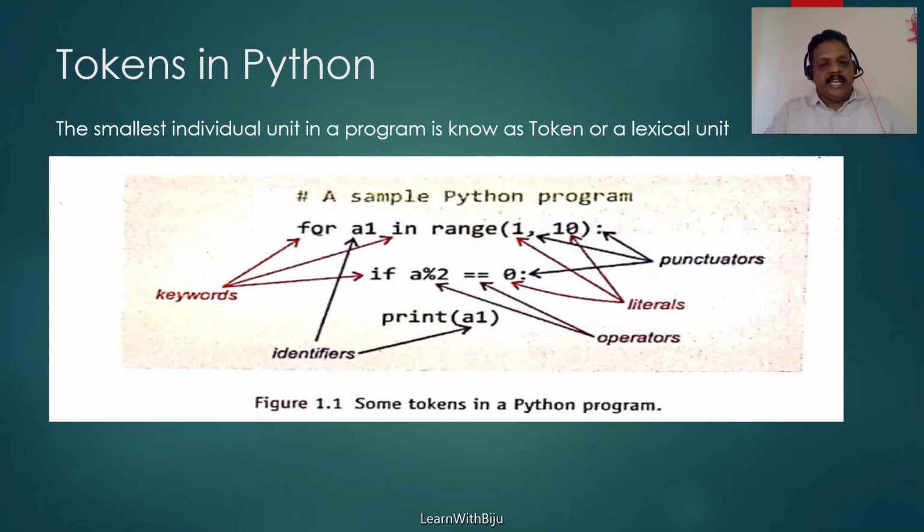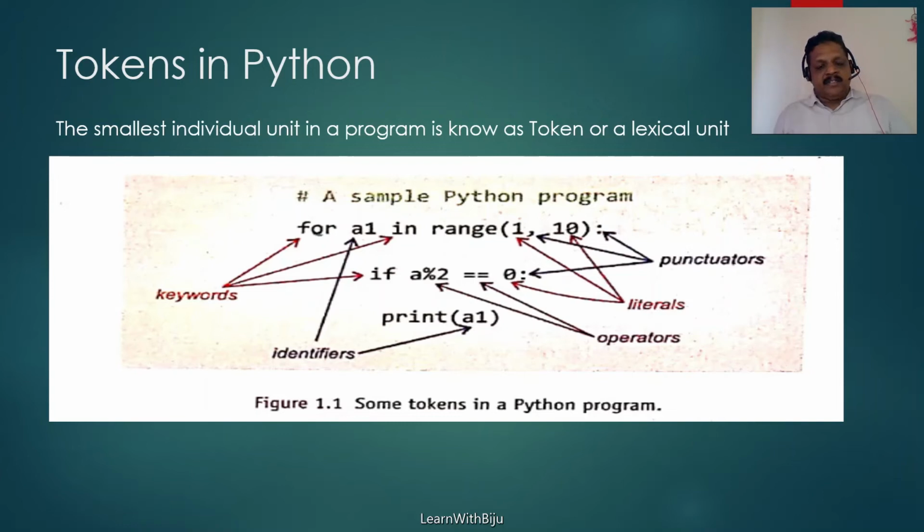Here you are seeing a small Python program. This program has just 3 lines of code and you can see some of the tokens. Tokens are categorized into keywords, identifiers, operators, literals, and punctuators. This program is: for A1 in range 1 to 10, if A1 percentage 2 equal to 0, then print A1. What does this program do?